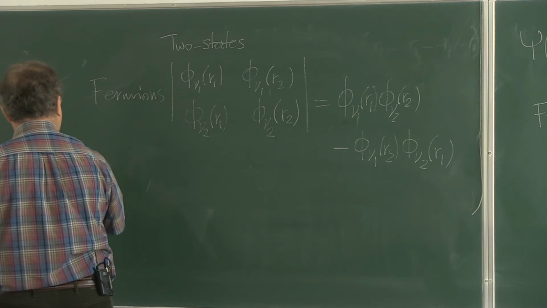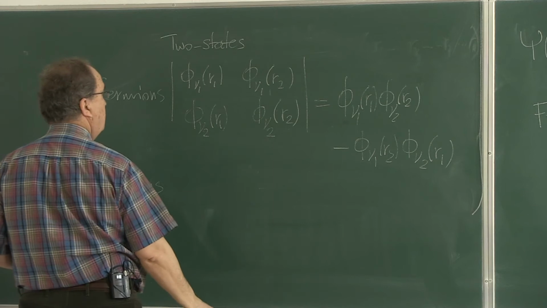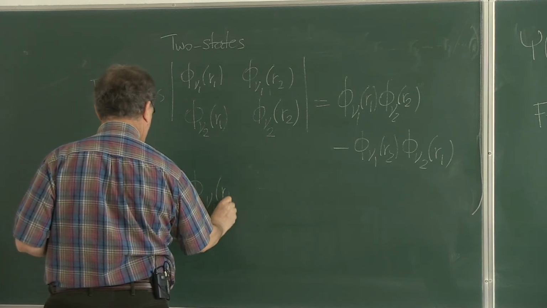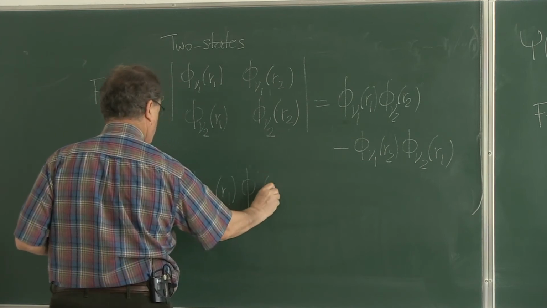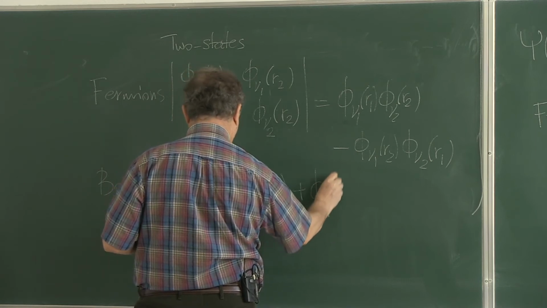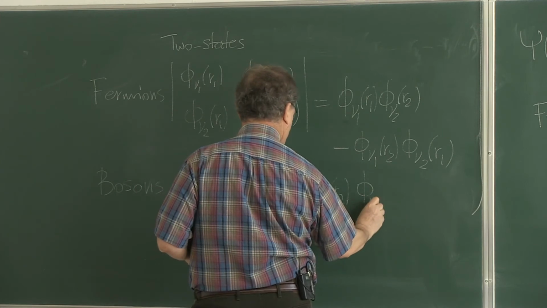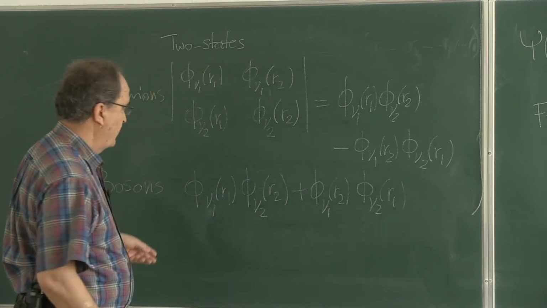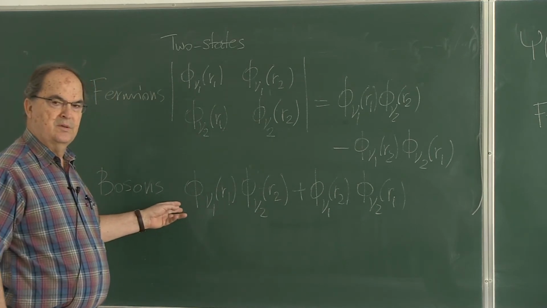And for bosons, of course, we have the symmetric combination, which is phi nu 1 R1, phi nu 2 R2, plus phi nu 1 R2, phi nu 2 R1. What happens here if you interchange particles?